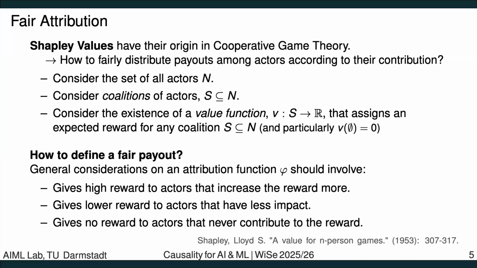So we assume all the players cooperate. There is not a player that tries to sabotage the whole thing. Everyone adds to the reward or at least doesn't harm it, so 0 is the minimum value you can assign. In terms of fairness, we would like, very roughly, to give high reward to actors that increase the reward more, and lower to actors that increase it less, and so on.